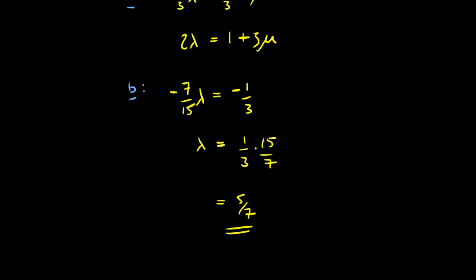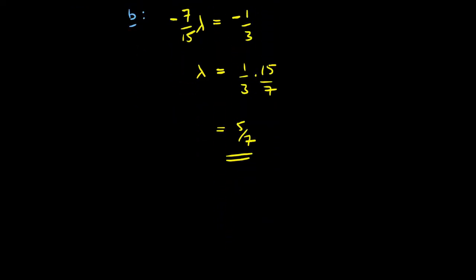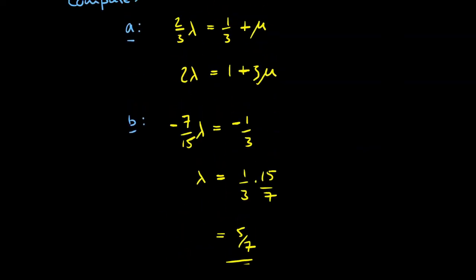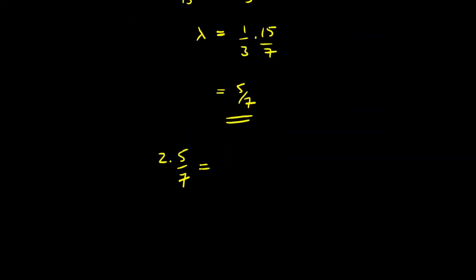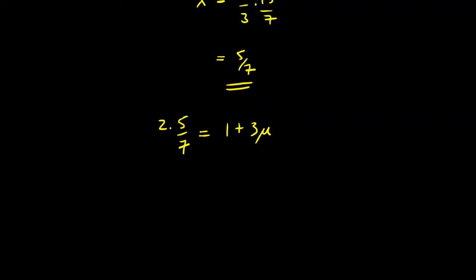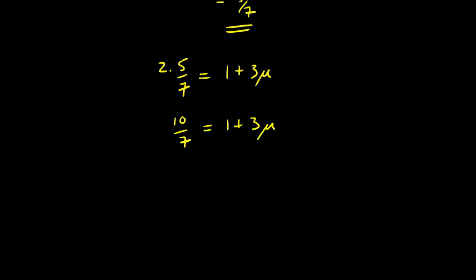And if that's the case, I can substitute into my top equation. So I've got 2 times 5/7. So 2 times 5/7 is equal to, so I'm just substituting into here, just so you can see, 1 plus 3 mu. So that's 10/7. 10/7 is equal to 1 plus 3 mu. Why don't we multiply everything through by 7, I think. So 10 is equal to 7 plus 21 mu.